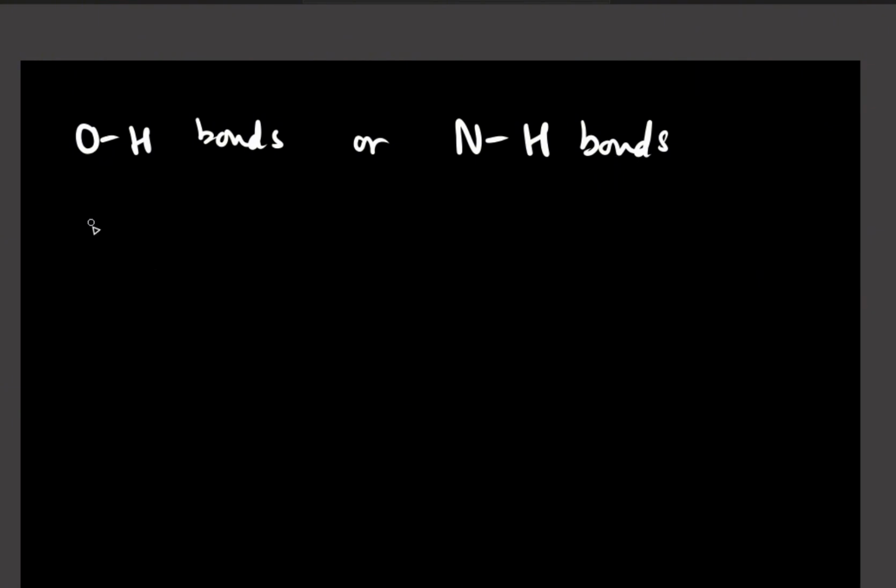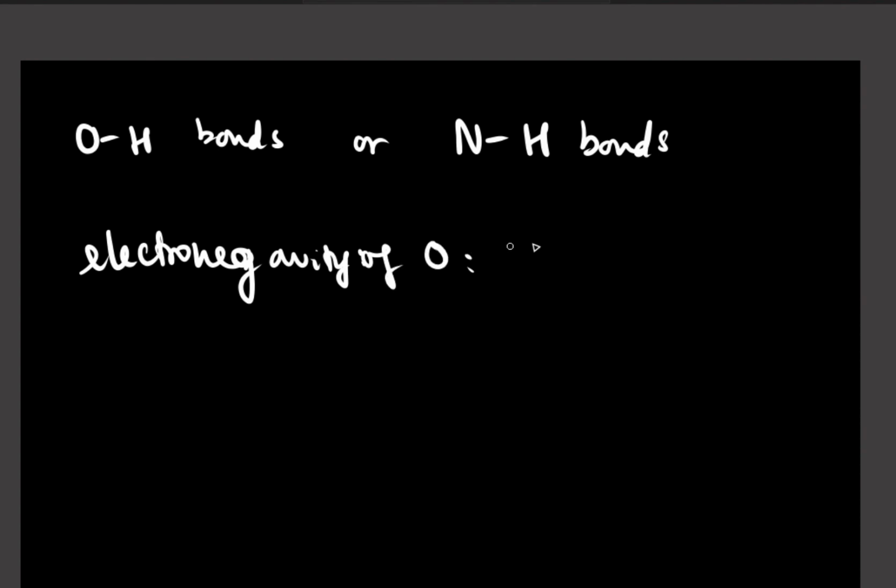Because we need to keep in mind that the electronegativity of oxygen is 3.4, nitrogen is 3.0, and hydrogen is 2.2.